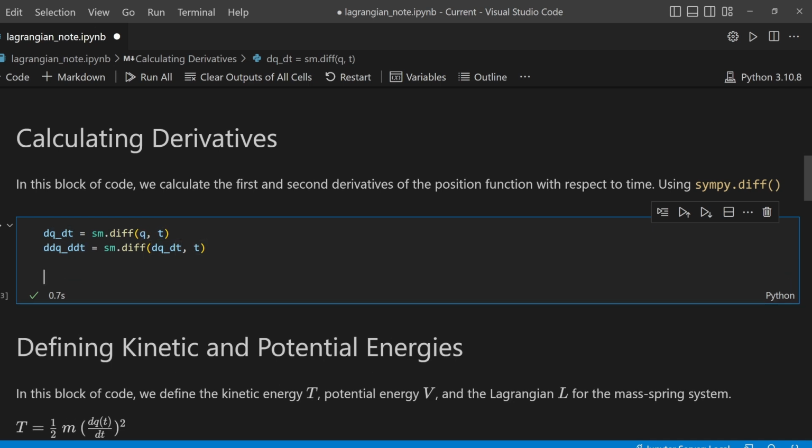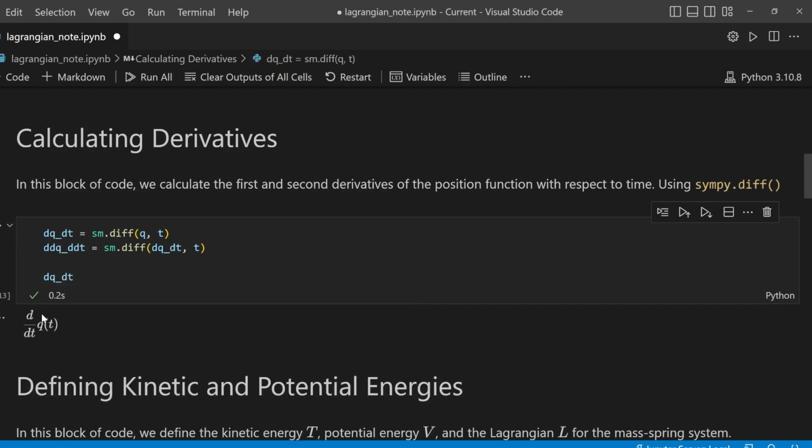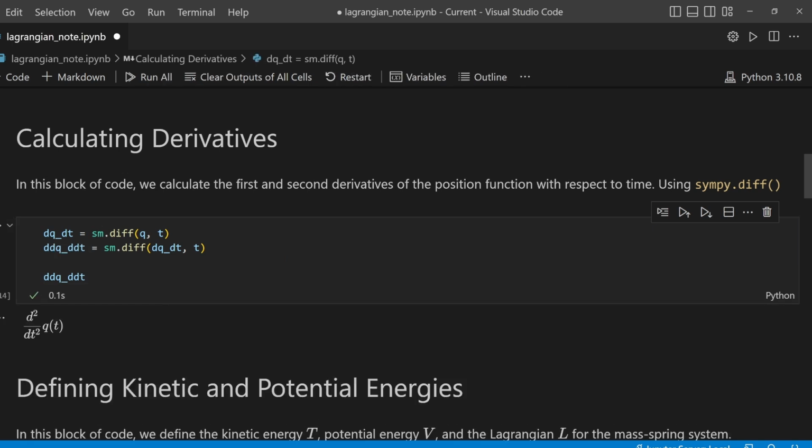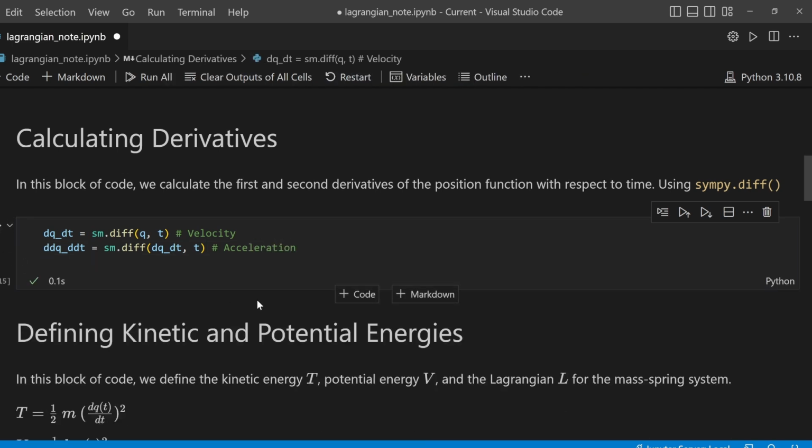If I go ahead and print dq/dt and run this code, you see that it successfully displays dq over dt, and the same goes for the second derivative. This represents the velocity, and this represents the acceleration. Alright, so let me rerun that.